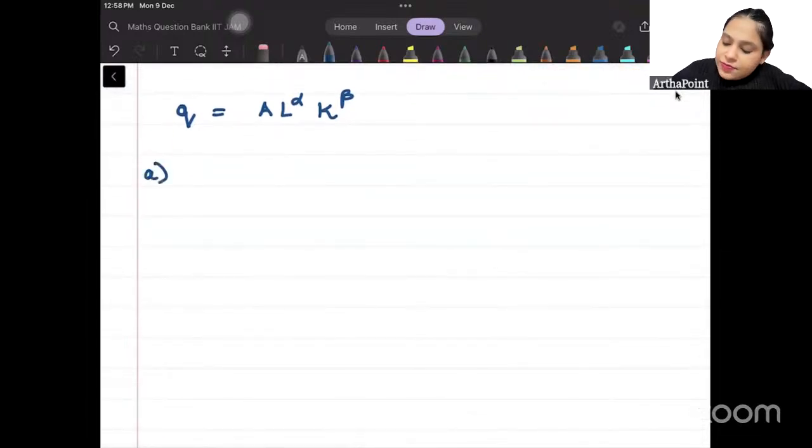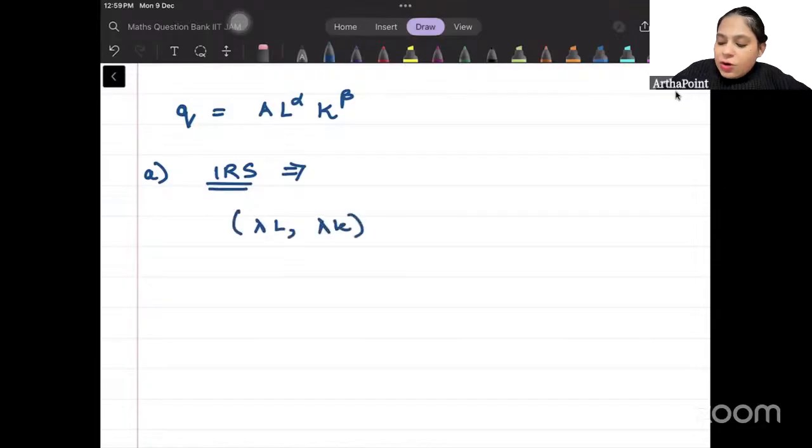Number one, increasing returns to scale suggests that when you scale your labor and capital, the output generated will be much more than scaling the output directly.